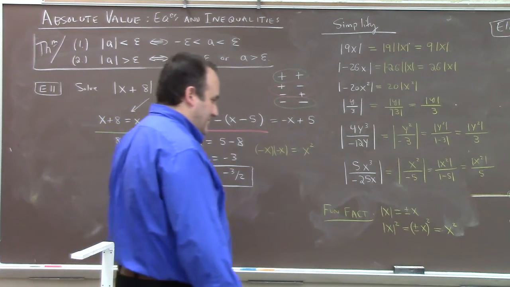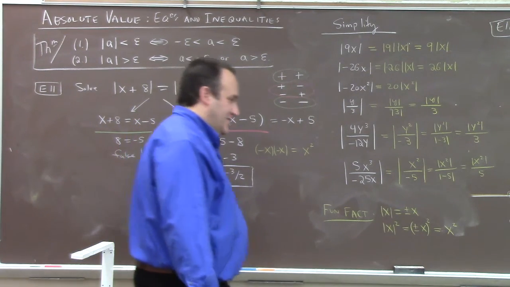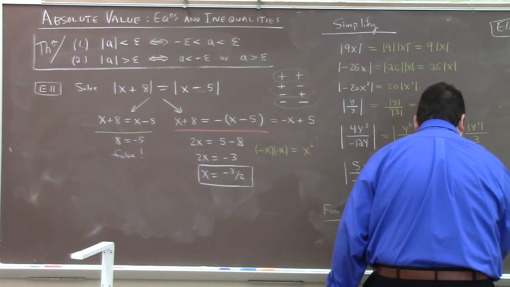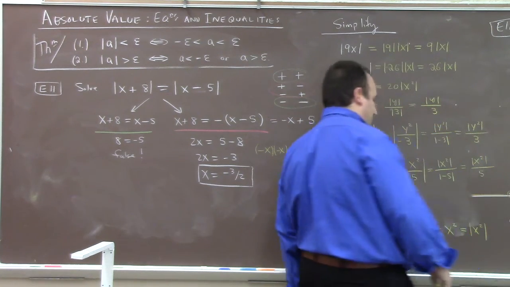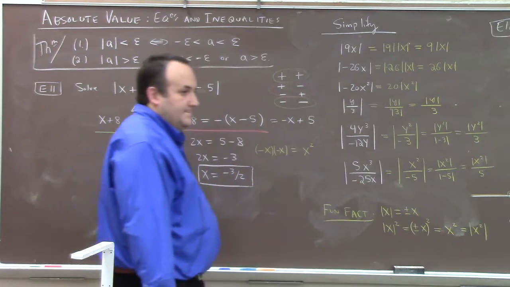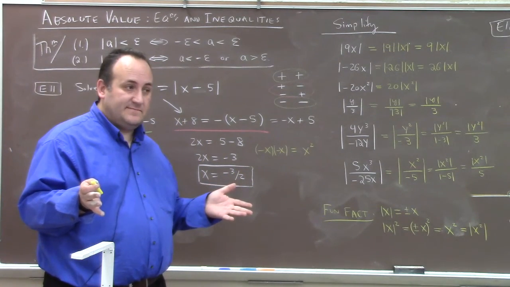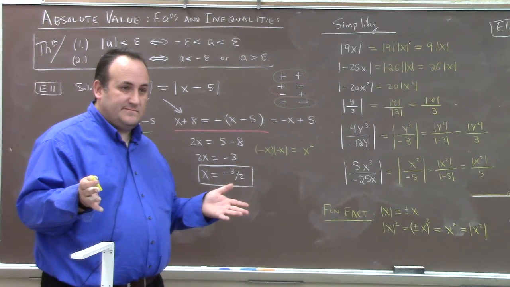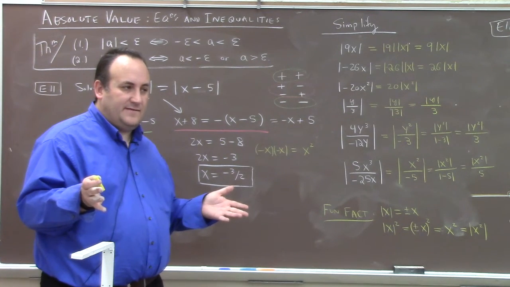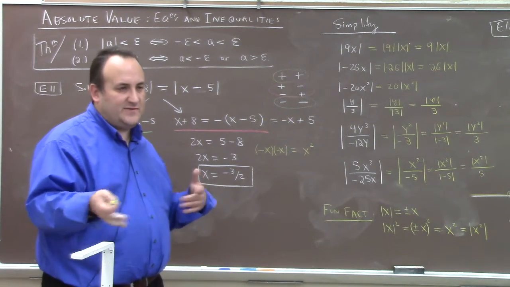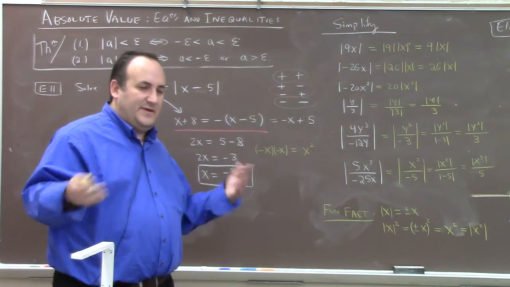Which, to be further annoying, is in fact equal to the absolute value of x squared. How do I know that? Because x squared, could x squared be negative? Not for real x, right? As long as it's a real number, if you square it, whether it's positive or negative or 0, it can't be negative.